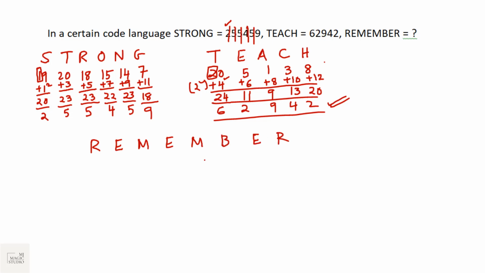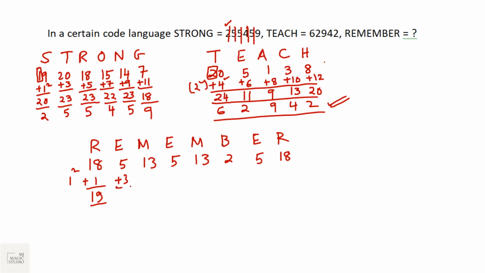First we need to write the numbers. R is 18, E 5, M 13, E 5, M 13, B 2, E 5, R 18. 18 starts with 1. I'll add 1 square, that is 1, to it. It will become 19. And then I'll follow the trend of an AP series with the difference of 2.